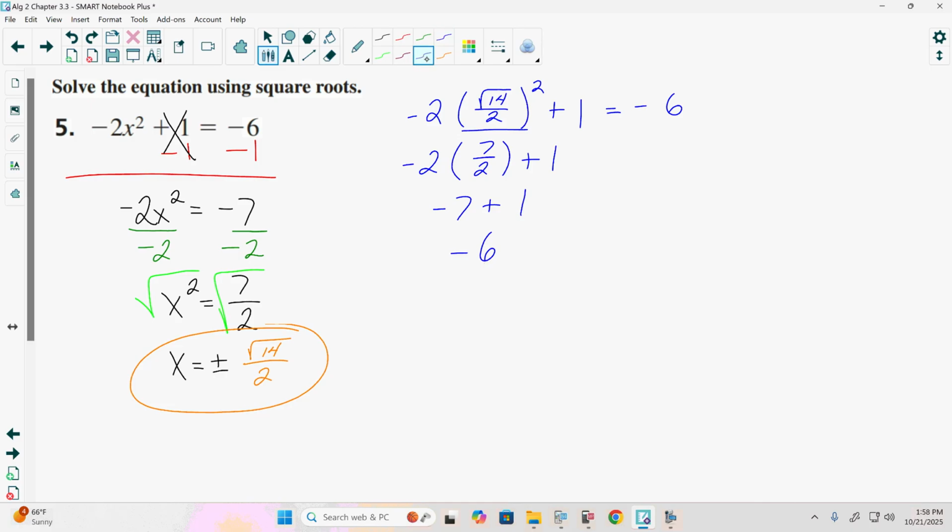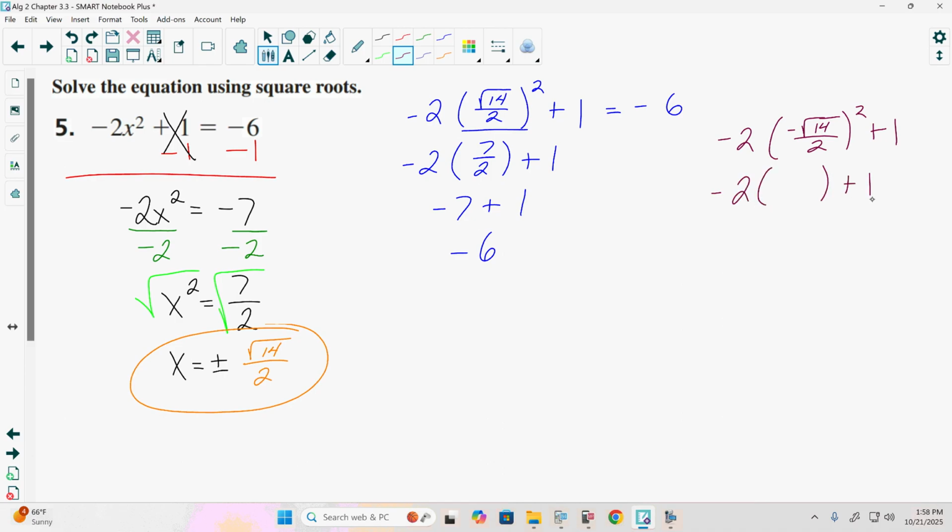Well, the other case is if the square root of 14 over 2 was negative. So we can say negative 2, parentheses, negative square root of 14 over 2 squared plus 1.